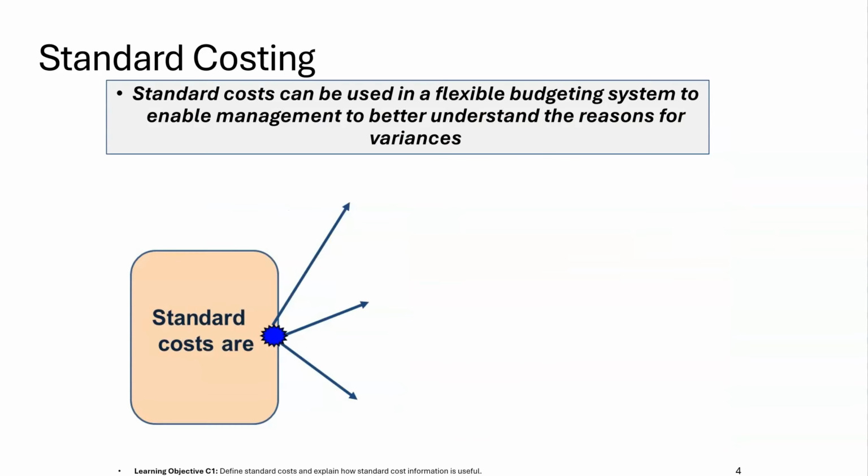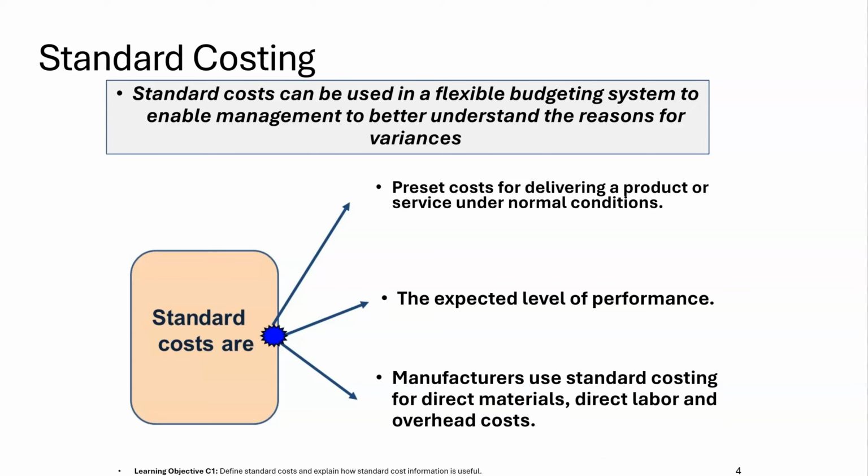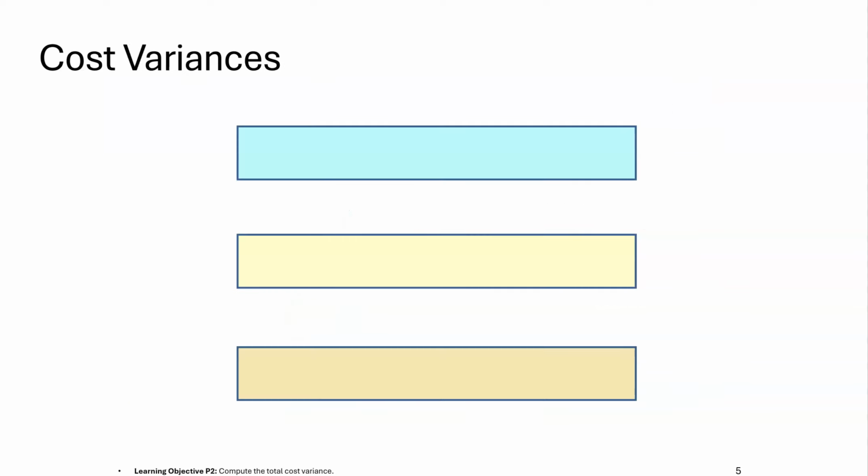So, standard costs are preset costs for delivering a product or service, under normal circumstances, not the perfect standard, based on an expected level of performance, and manufacturers use these standards for direct material, direct labor, and overhead costs.